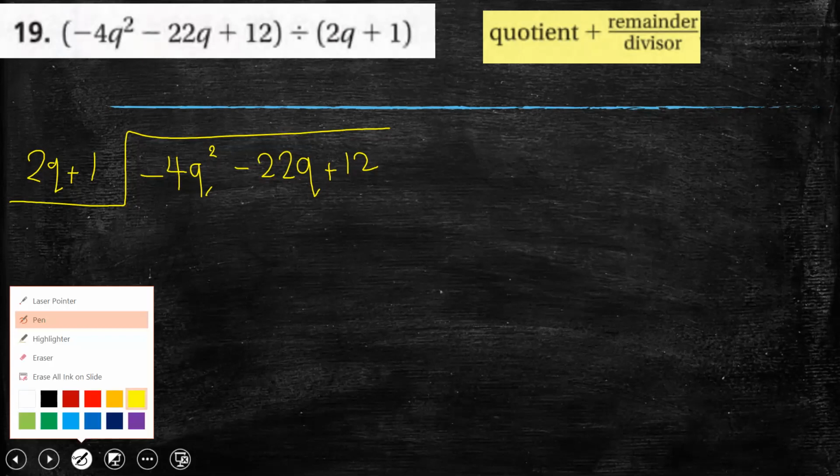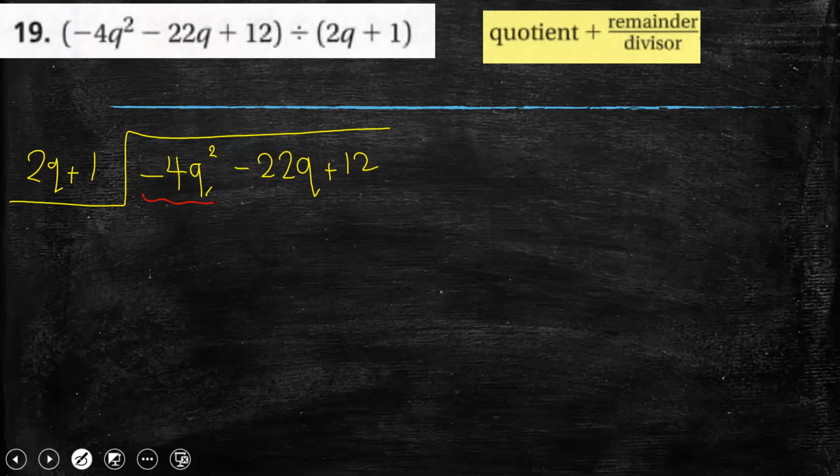Where's the first term here? It's negative 4q squared, and the first term of the divisor is 2q. So here you have to divide negative 4q squared by only 2q.